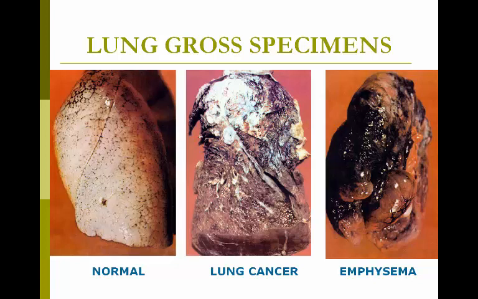And what happens is you don't have as much surface area for gaseous exchange. Think about all of the little alveoli and all of the capillaries covering the walls of each alveolus. Now you just have bigger compartments, and you're not going to have nearly as much surface area to allow oxygen to get into the blood and carbon dioxide to come back out again.